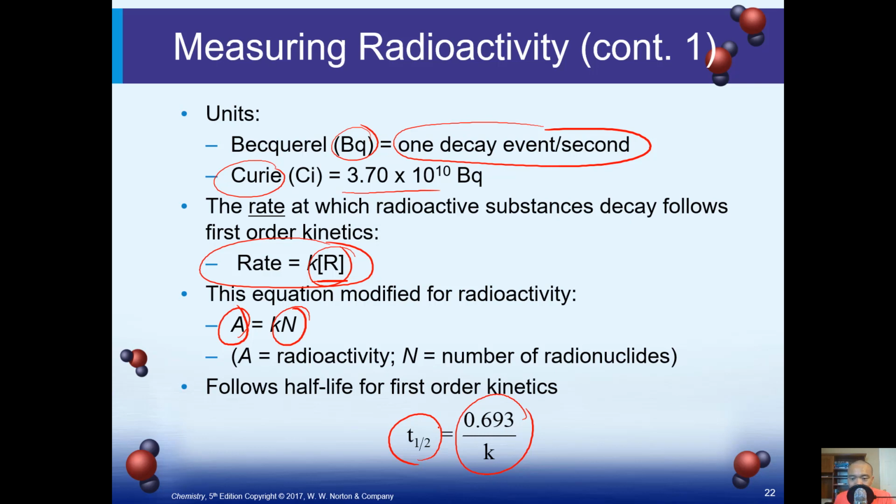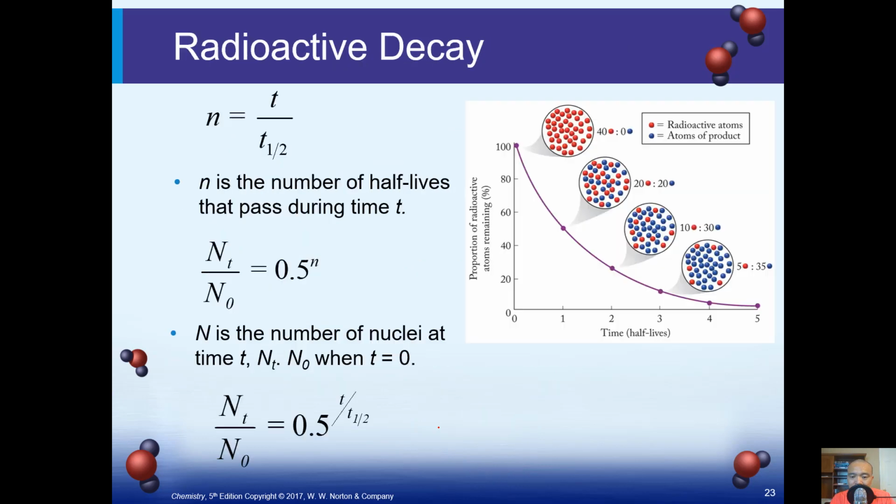Thus, if we can measure the level of radioactivity and we know the half-life of the radionuclide involved, we can determine the amount of substance that is present in a given sample. Please note, all radioactive decay is first order in kinetics.